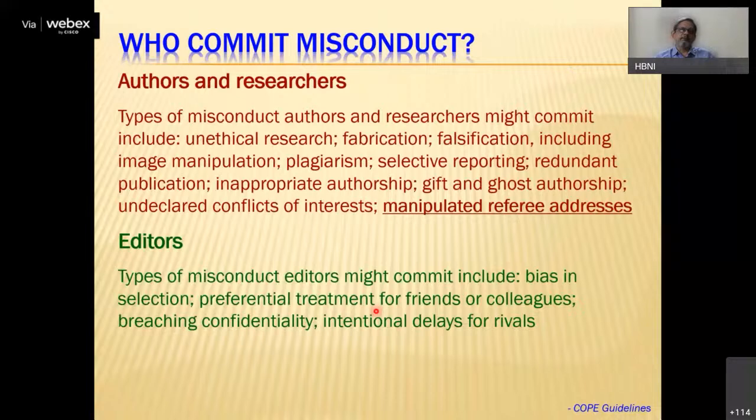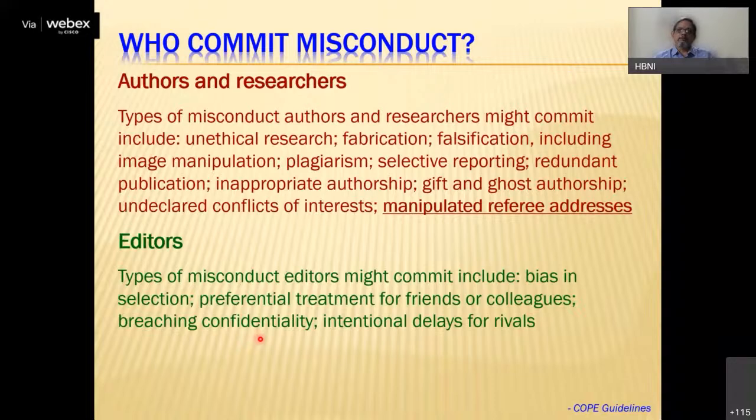And the editor may also decide that if some of his friends or colleagues, the editors, as I said, are also scientists, so he will have plenty of scientific friends in the field, he may try to give preferential treatment to them. Then breaching confidentiality.